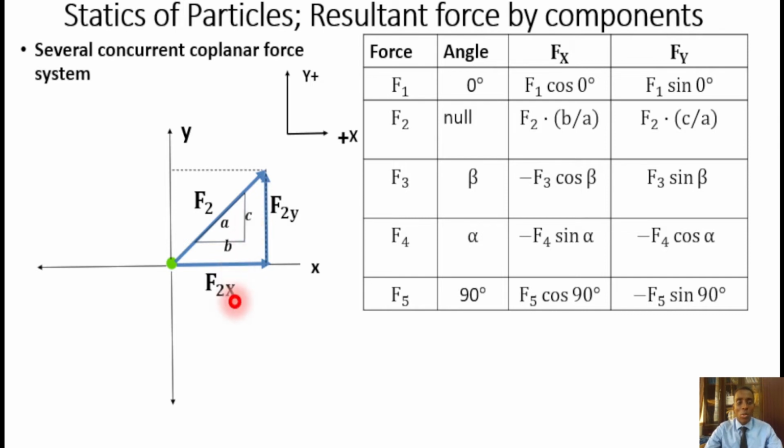To get the x component, it is going to be the horizontal side of the small triangle divided by the hypotenuse of the small triangle. Then you multiply by F2 to get the x component. Similarly, to get the y component, it is going to be the vertical side of the small triangle divided by the hypotenuse of the small triangle, then you multiply it by F2. That is what we have here.